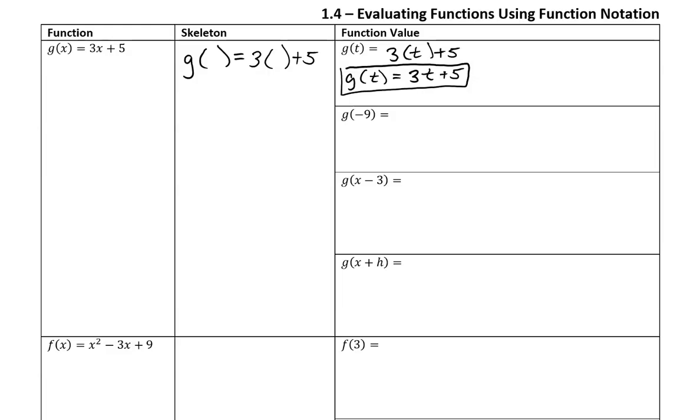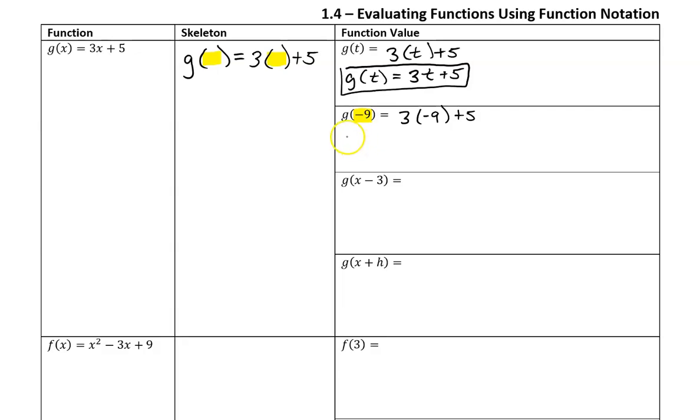What about g of negative 9? G of negative 9. So now back to a number. Just don't forget we can also plug in numbers. So into those skeleton spots, I have a negative 9 in there. Starting with my skeleton, I'm going to take that negative 9 and plug it in.